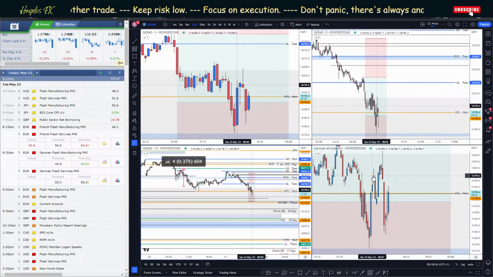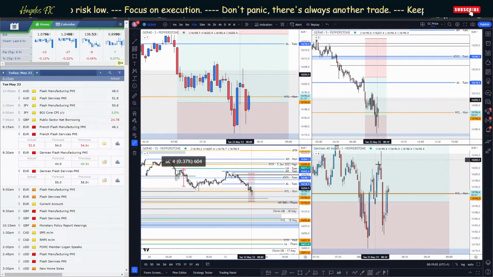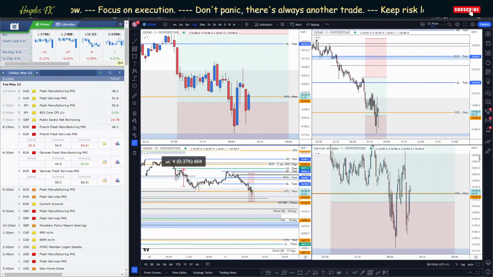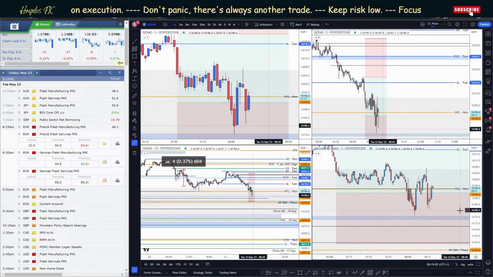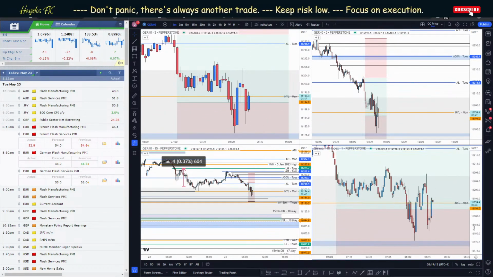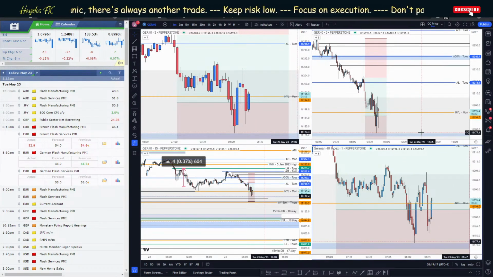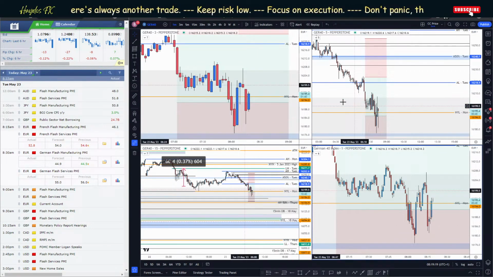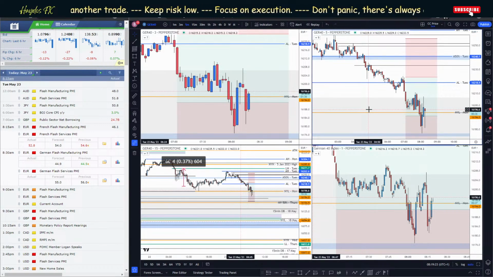Remember, not every day is a trading day as well. So we need to identify the days that maybe we shouldn't be jumping into anything. Because I'd say the bulk of the profit would come from just a few days of the month. So if we can eliminate some of those other bad days, then overall should be positive.